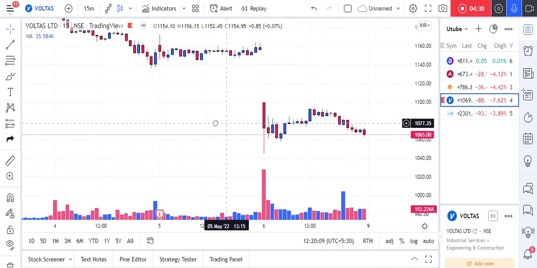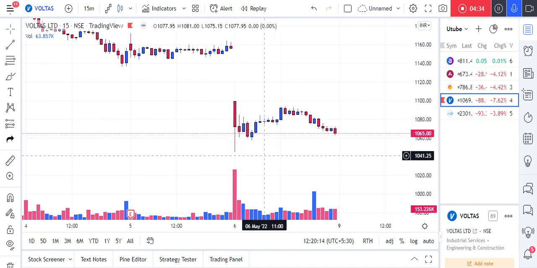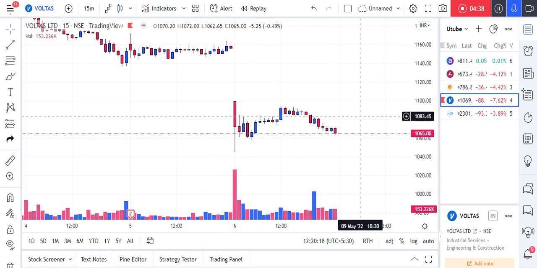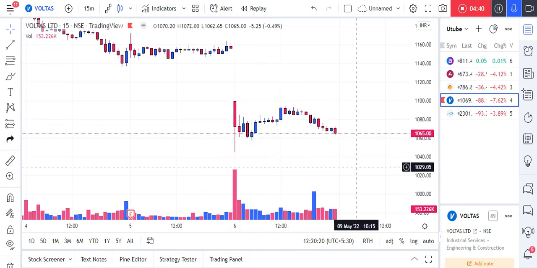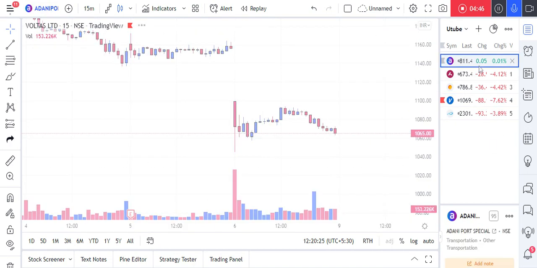So if you are getting a trade setup similar to that, avoid trading on it, as most of the time the price will move within this range, and if it moves beyond that also, the movement will be very less. I will take another example.